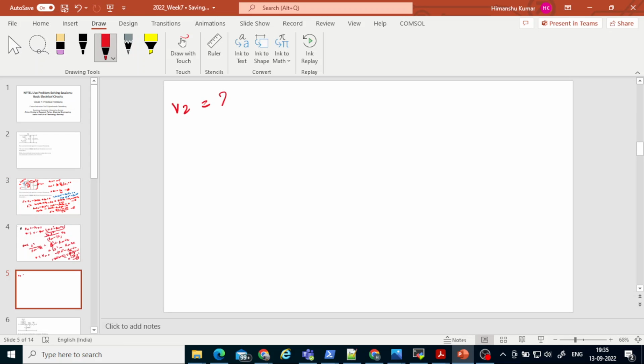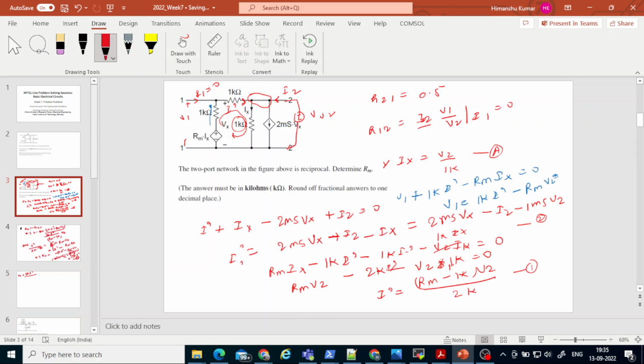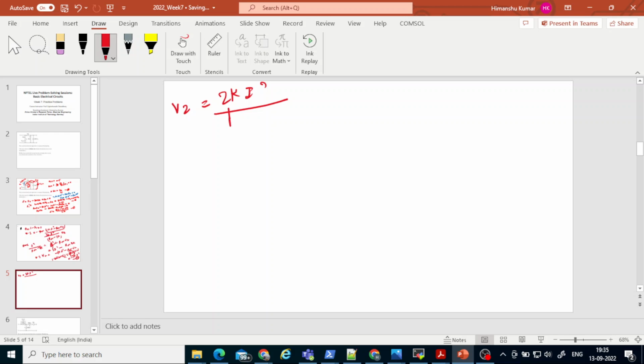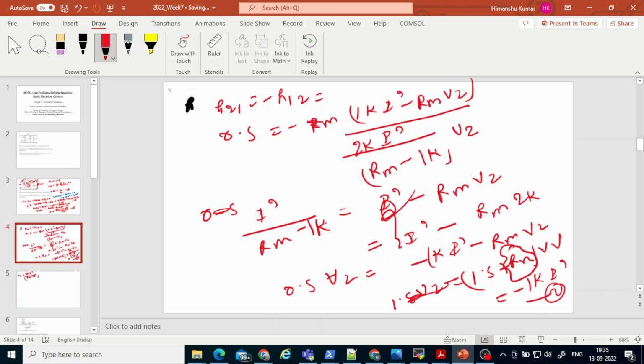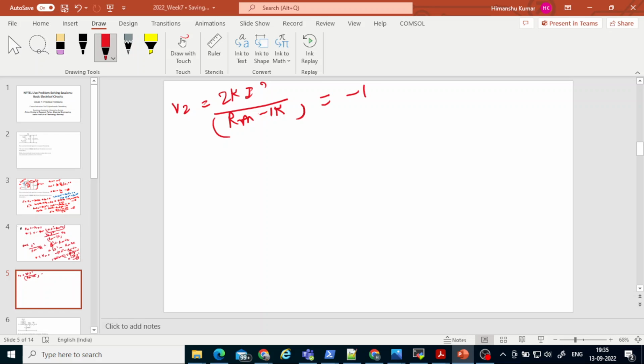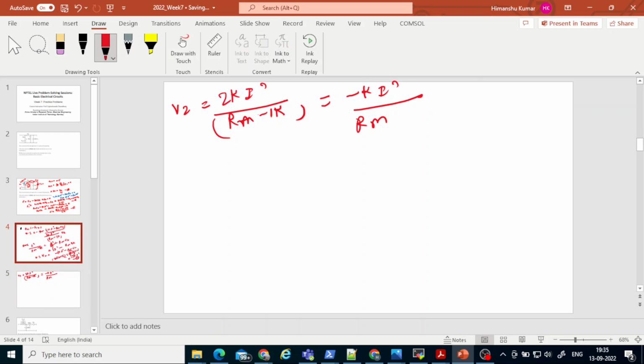So our final equation is V2 equals to 2k times I dash by Rm minus 1k, and then from our second equation our V2 is minus 1k times I dash by Rm plus 1.5.